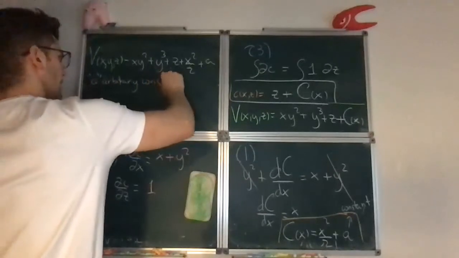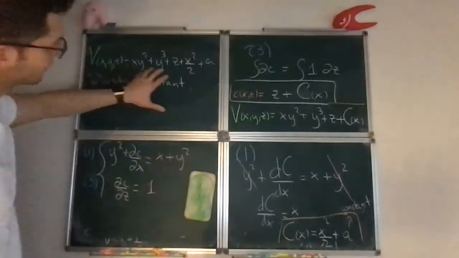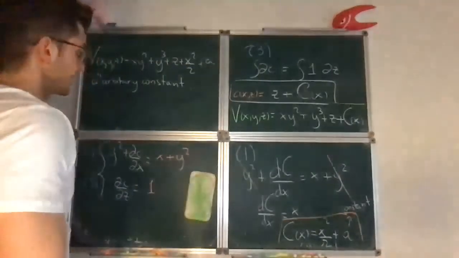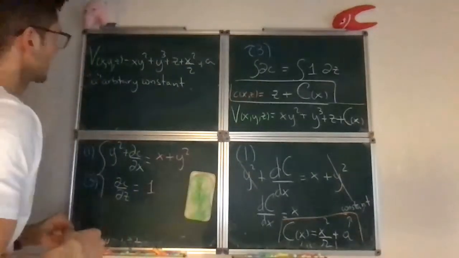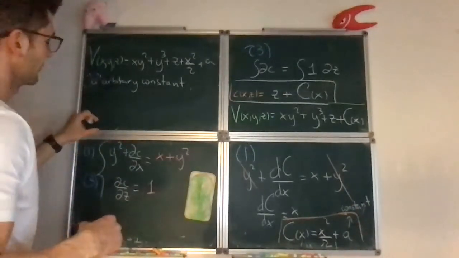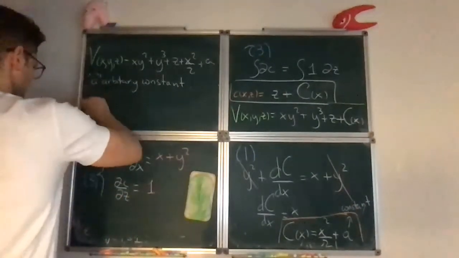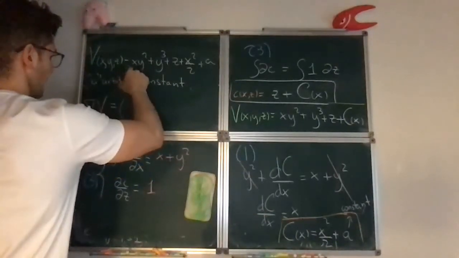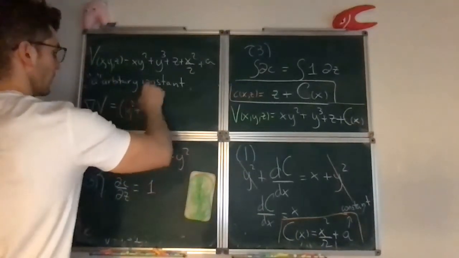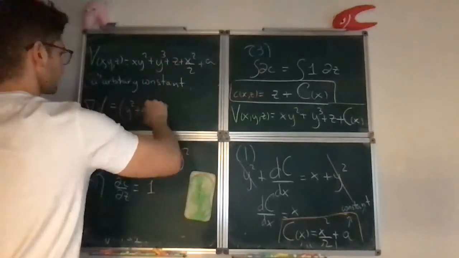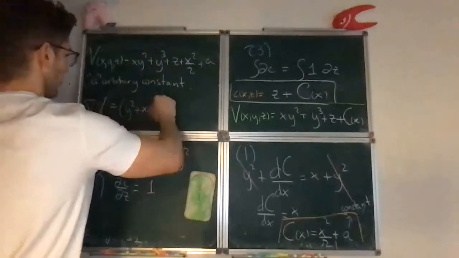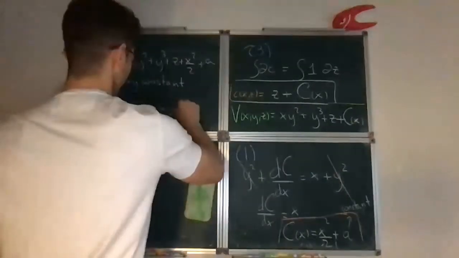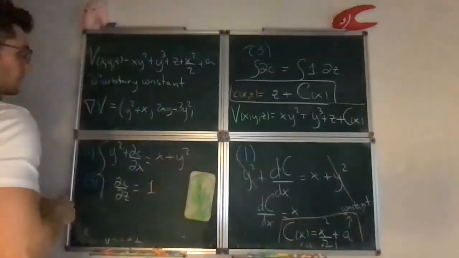So really, well, first of all, this tells you that potentials are not uniquely specified. They're really specified up to a constant. That's always the case. And let's just check that it satisfies the main feature that we were interested in. Notice that the gradient of this potential, what is it? It is y squared plus x, 2xy plus 3y squared, and 1.